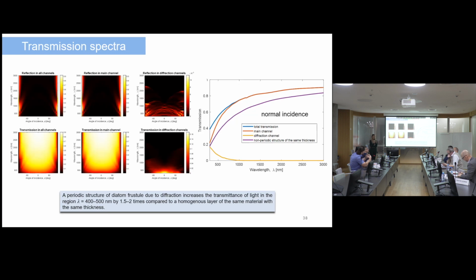And since the effective refractive index decreases, the Fresnel coefficients change, so the transmission becomes higher and the reflection becomes lower. So is it really a case of diffraction that helps to channel more light through the structure?